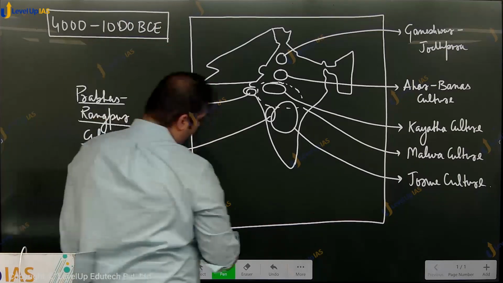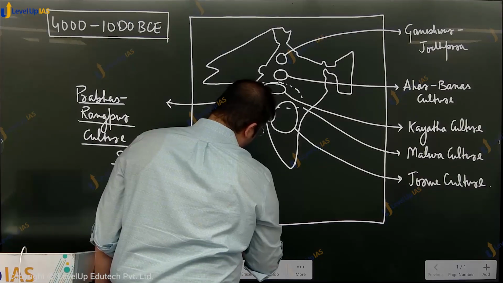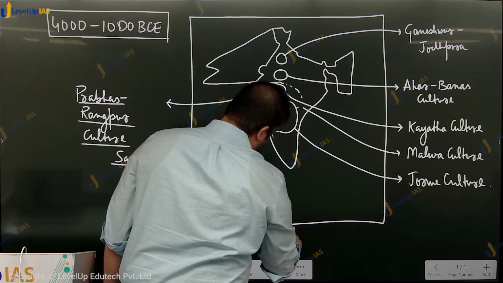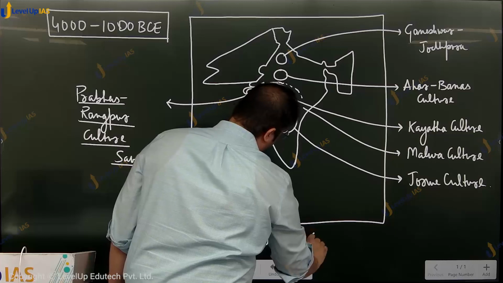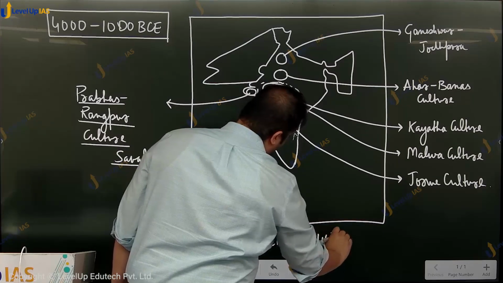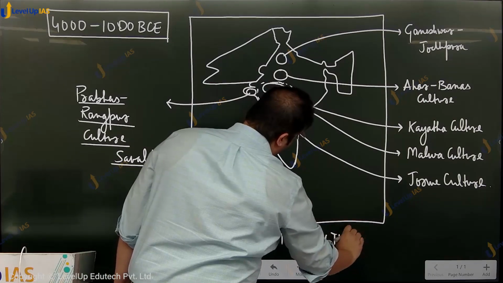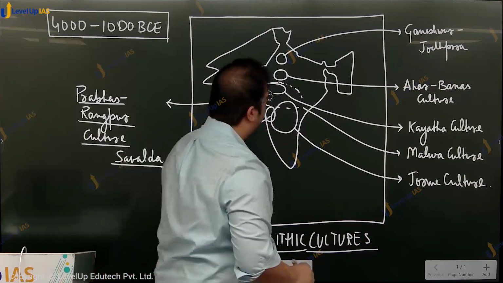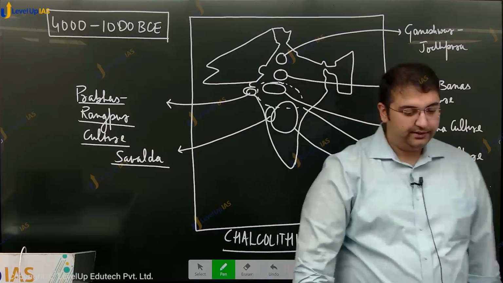This is the map of the Chalcolithic cultures of India belonging to this period.